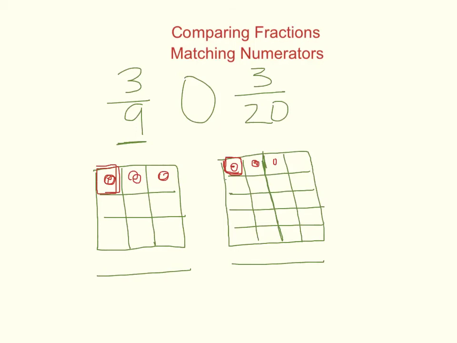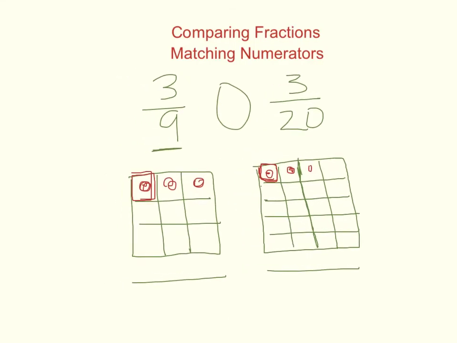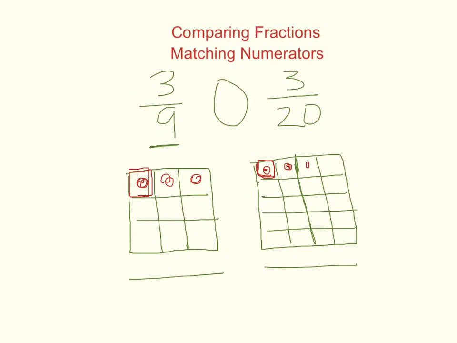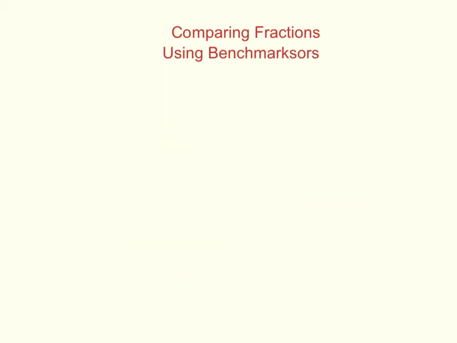Yep, I'm with you. I want the 3 pieces from the 9 because I'm going to get more candy. So we know that 3/9 is greater than 3/20.